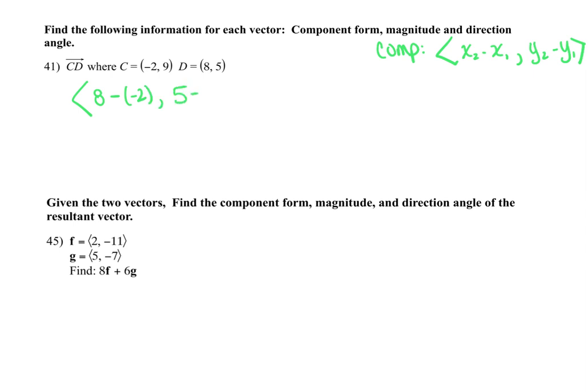Ending Y is 5, beginning Y is 9. So 8 minus a -2, you're going to get a component form of 10, it's +2. 5 minus 9 is -4. So that is my component form.